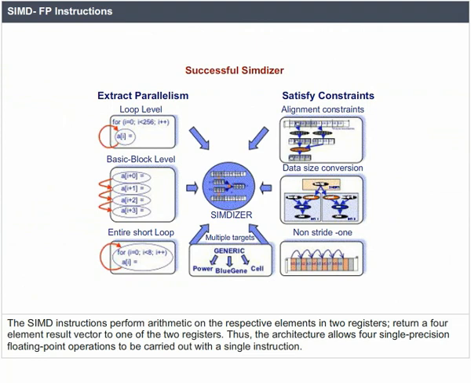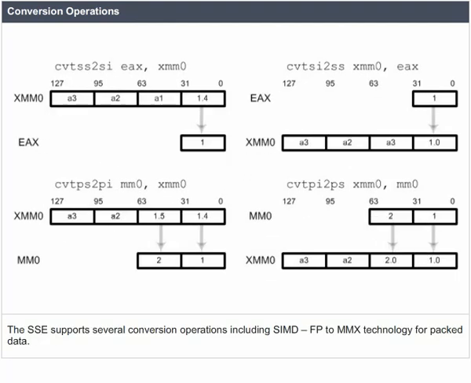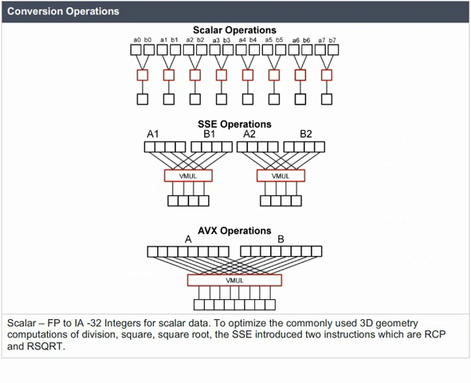Conversion operations. The SSE supports several conversion operations including SIMD FP to MMX technology for packed data, and scalar FP to IA32 integers for scalar data. To optimize the commonly used 3D geometry computations of division and square root, the SSE introduced 2 instructions which are RCP and RSQRT.